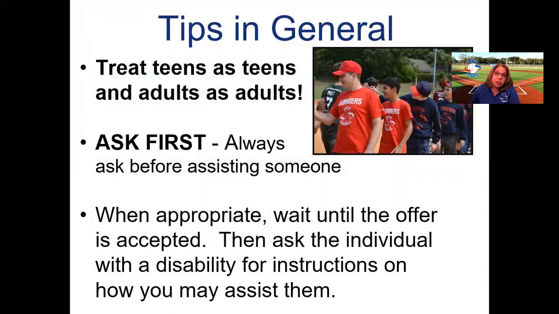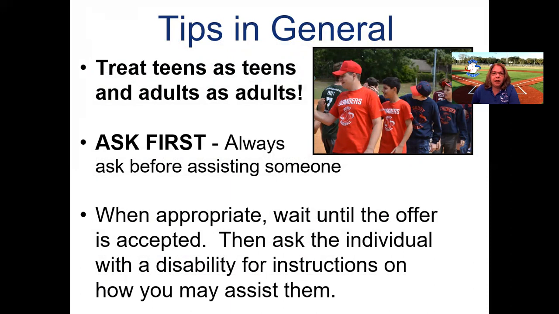So we're going to give you some tips in general, and this applies to all of our players. You want to treat the teens as teens and the adults as adults. So what does that mean? Well, even if someone has a cognitive impairment or something physically wrong with them, a 16-year-old boy is a 16-year-old boy, and you don't want to treat him like a 5-year-old boy.